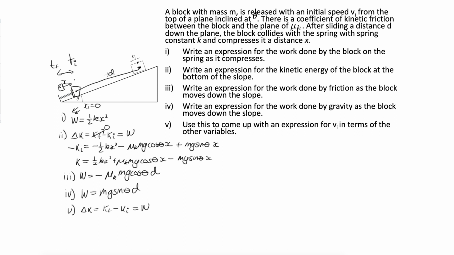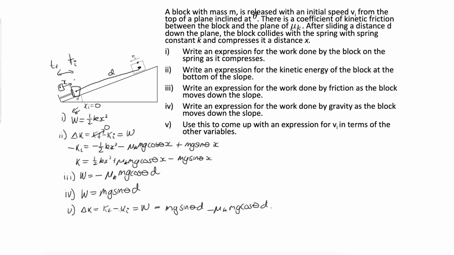Now, there's two forces acting as it moves down the slope. We've got the frictional force and we've got the weight force. And so the net work is the sum of these two. So this is mg sin theta d minus mu_k mg cos theta d.